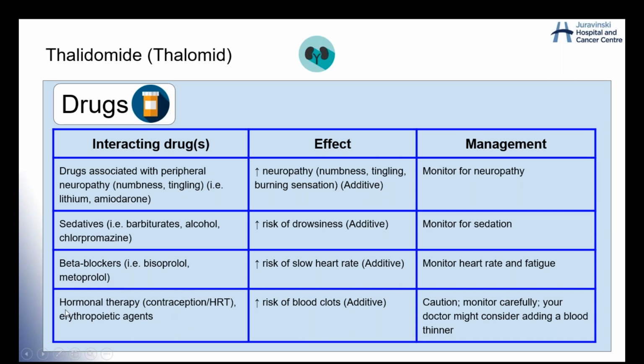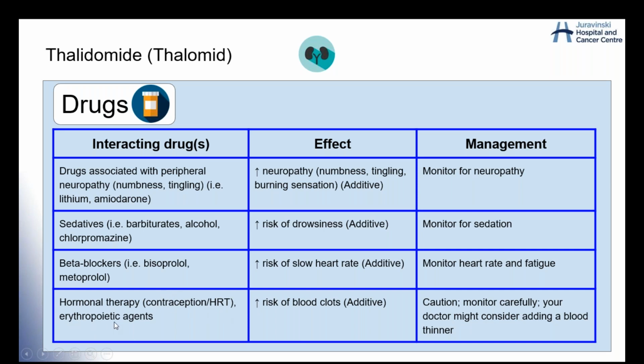Hormone replacement therapy is another thing that, this is the third time we see it today. It increases the risk of blood clots, and that's an additive effect with thalidomide. So ideally, we want to mitigate that by stopping the contraception or using another method of contraception. And sometimes we don't have an option.